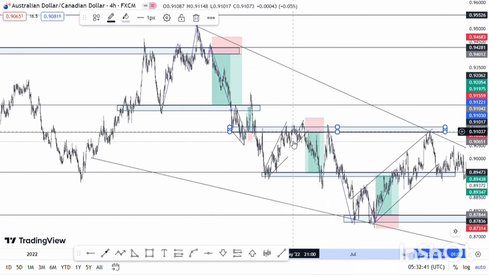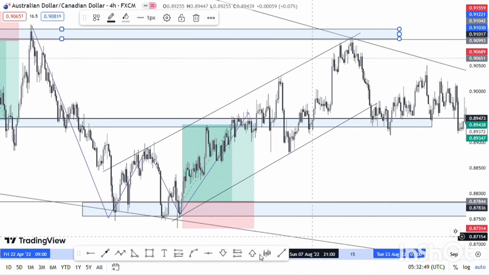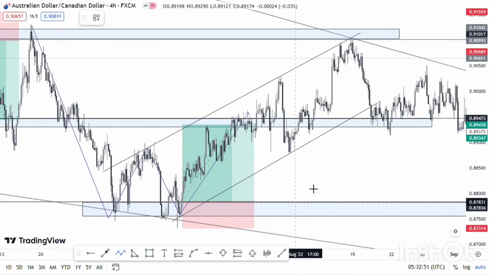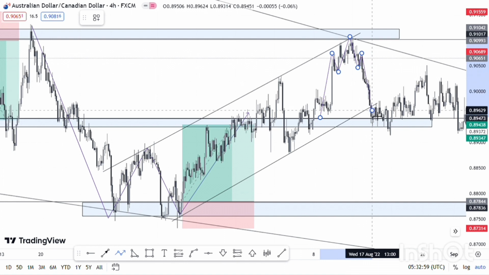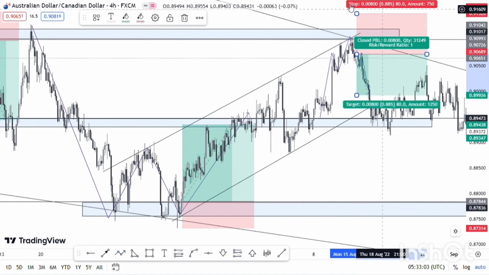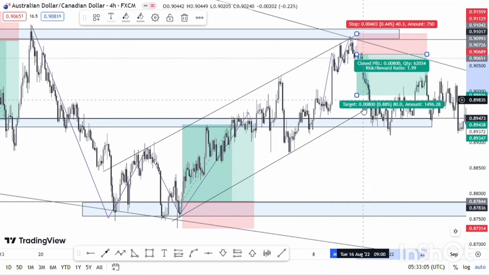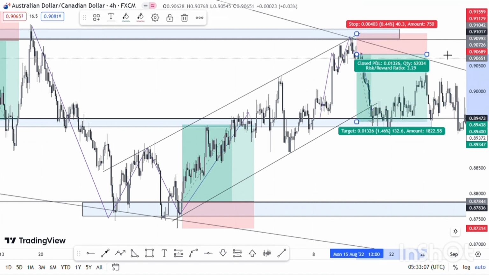As you can see, this is a very good resistance, and then first, second, and see, this is a head and shoulders pattern again, because this is our left shoulder and our head, and then we got a drop. That means you're going to enter a sell trade, stop loss there, take profit there.